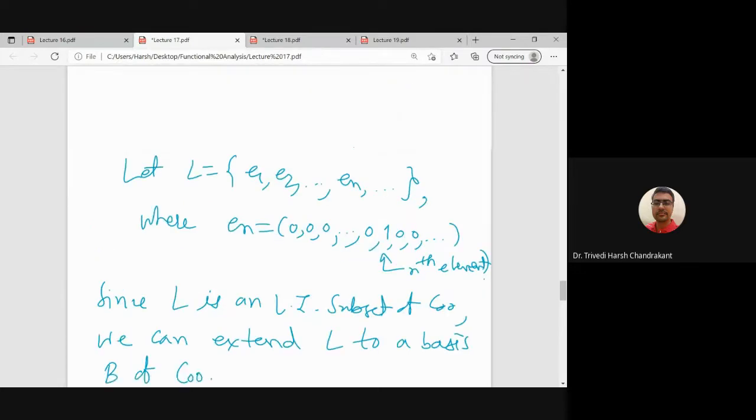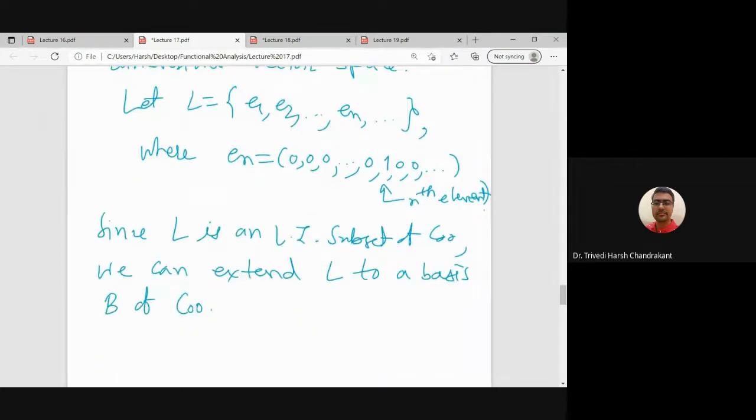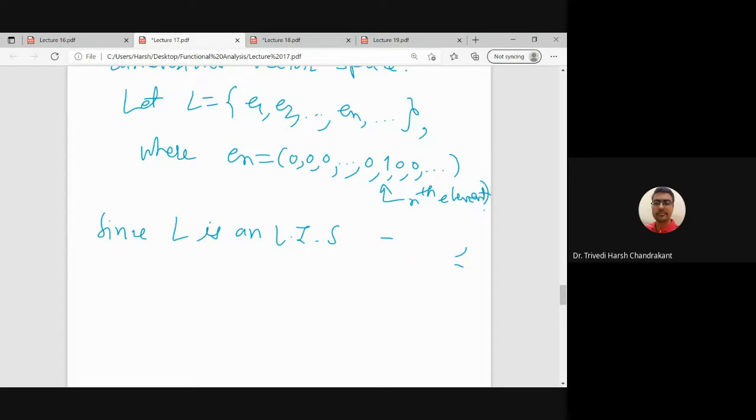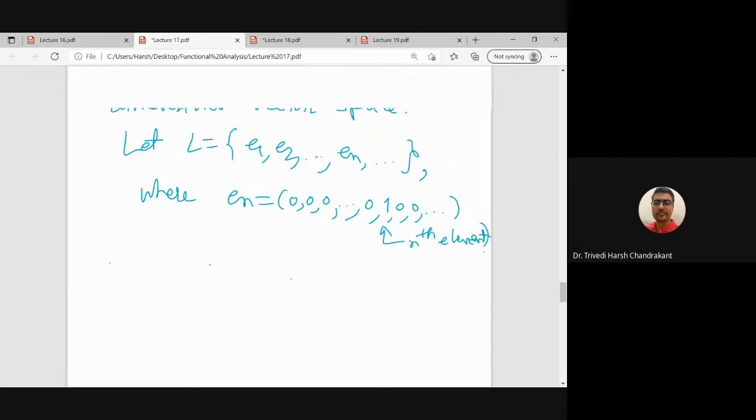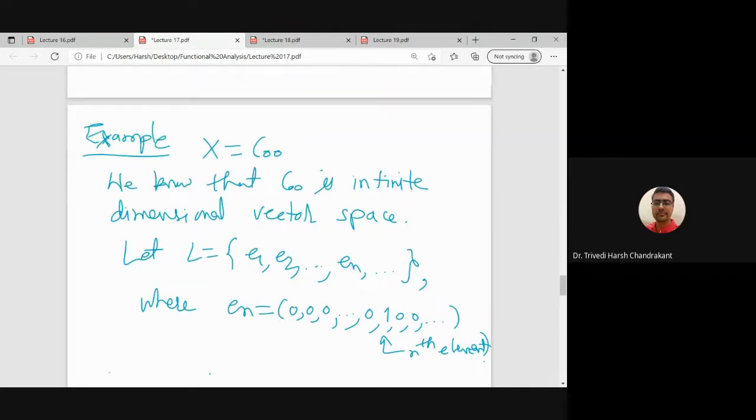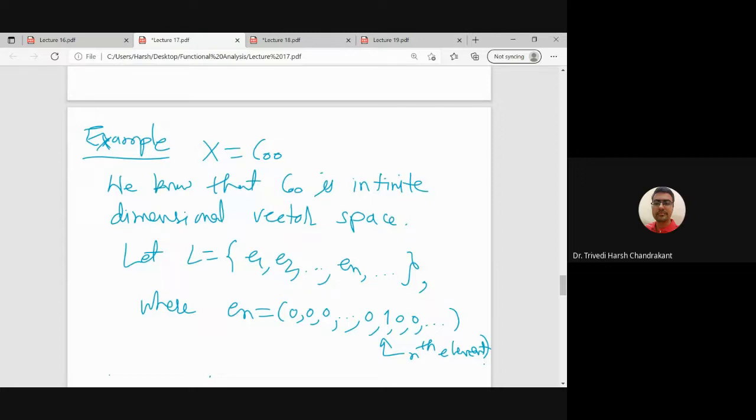But in fact, in this case, L itself is a basis. So L is an LI set, is it clear? Yes, sir.